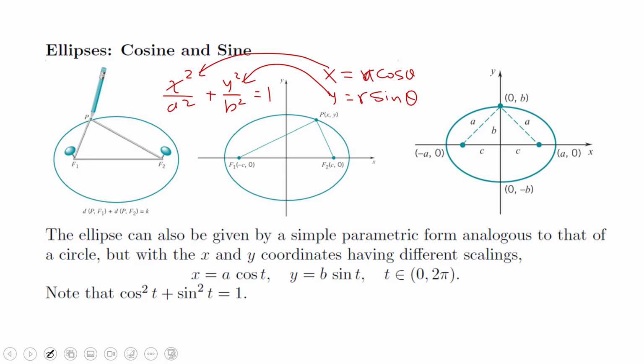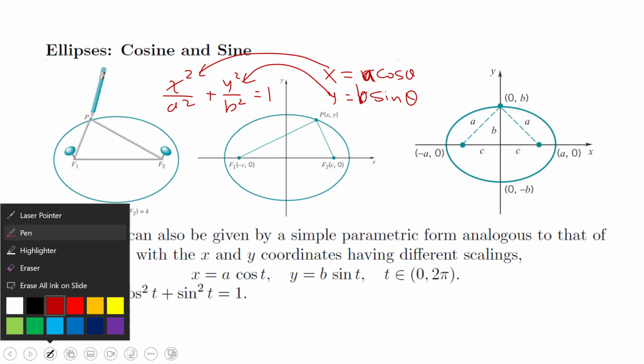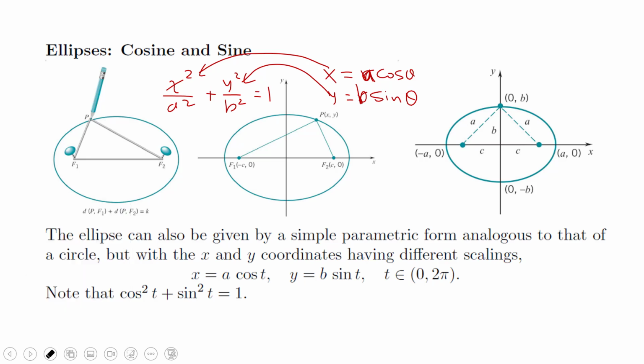My radius is a, and sorry, I made a mistake, because you have two radii. In the circle, you have one radius. In the ellipse, you have two radii, right? The longer one and the shorter one. So you have a here, b. So it will equal 1 or not equal 1? It's equal to 1, right?